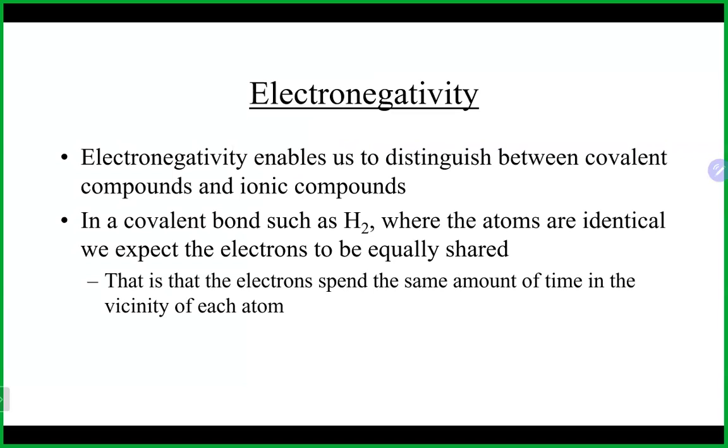So if we have our bond here between our two hydrogens, like we looked at, these are both basically the same element, which is hydrogen, which means the electrons that are being shared between them are going to feel a pretty similar attractive force to both hydrogen atoms.